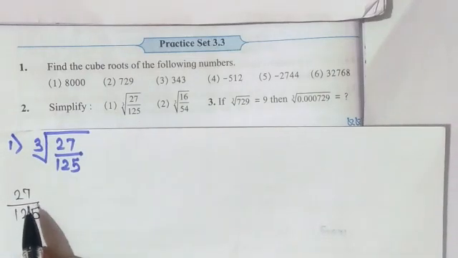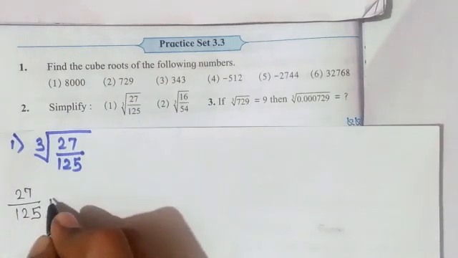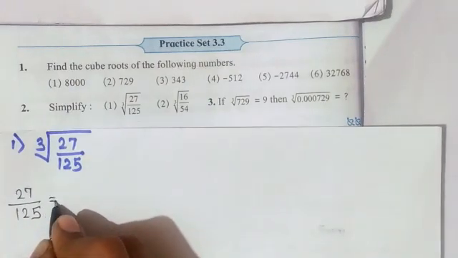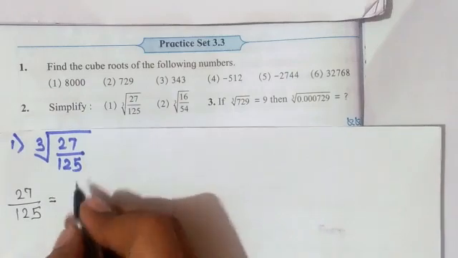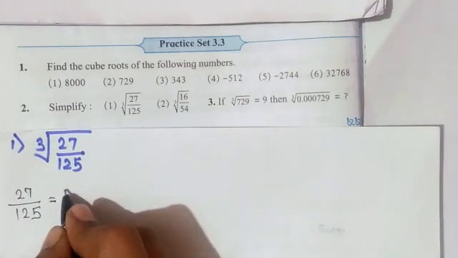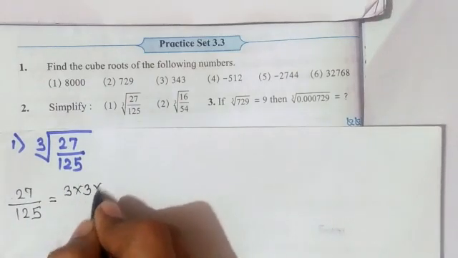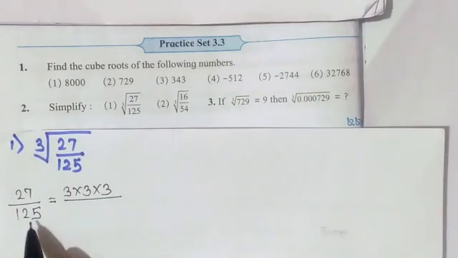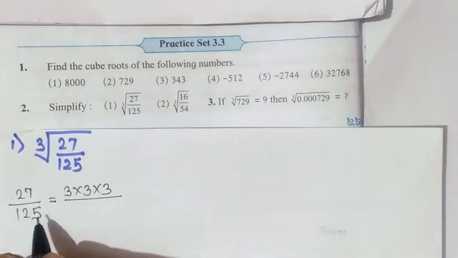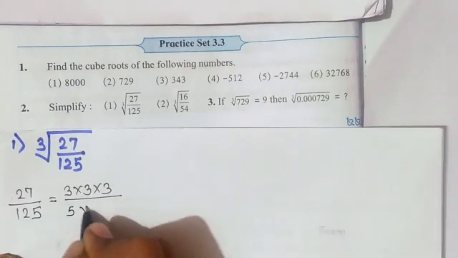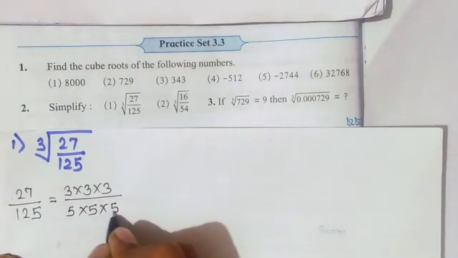As we have learned our cubes and cube roots, 27 is the cube of 3 and 125 is the cube of 5. So if you know the cubes very properly, then you can directly write the numbers this way. 27 is the cube of 3, so we will write 3 times, and 125 is the cube of 5. So what we can do? 5 into 5 into 5.